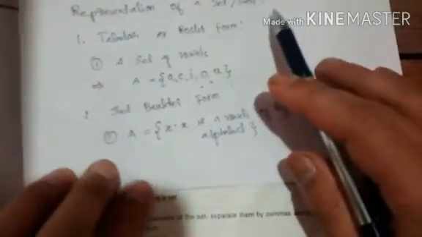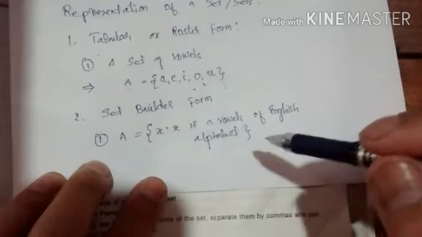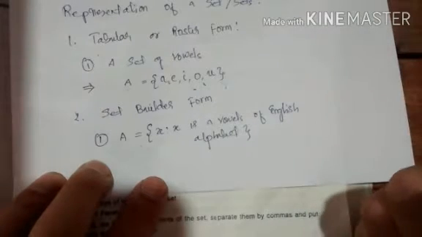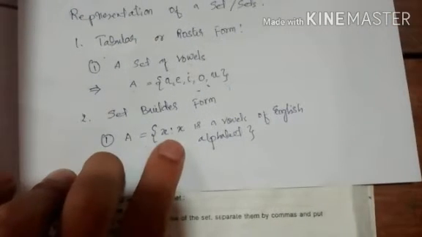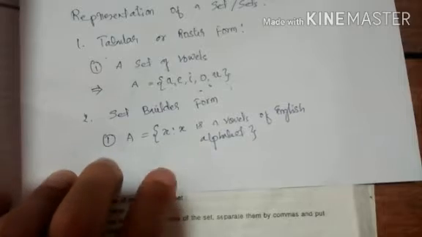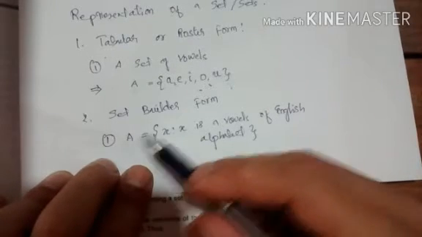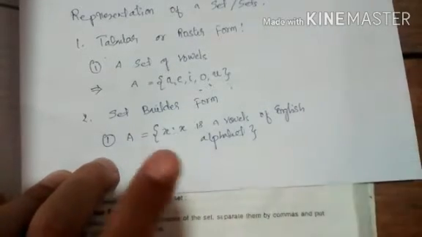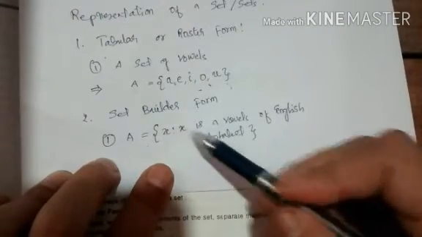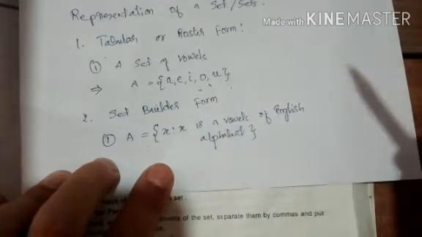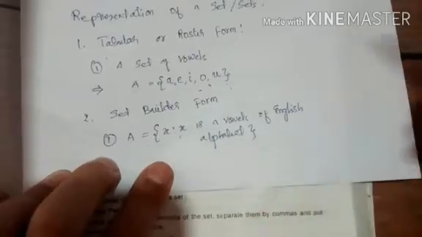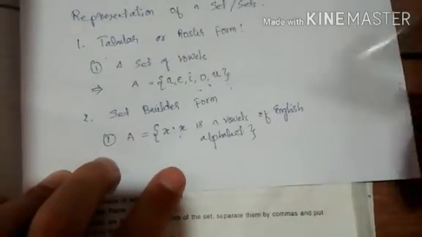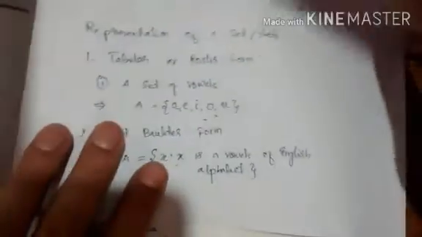Here we express the elements by using this expression, X such that X. How do we write? We write A is equal to, open the curly bracket, X such that X is a vowel of the English alphabet. So we express it by using this expression, X such that X is a vowel of the English alphabet.